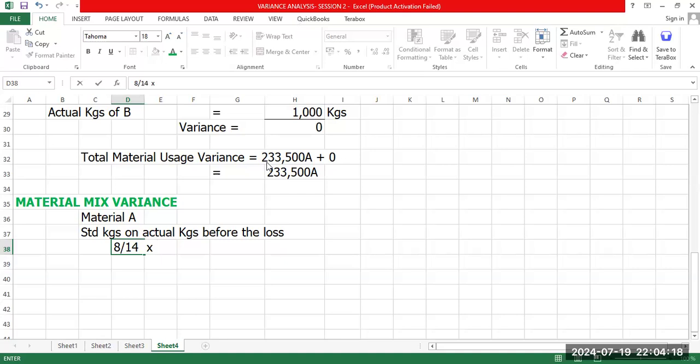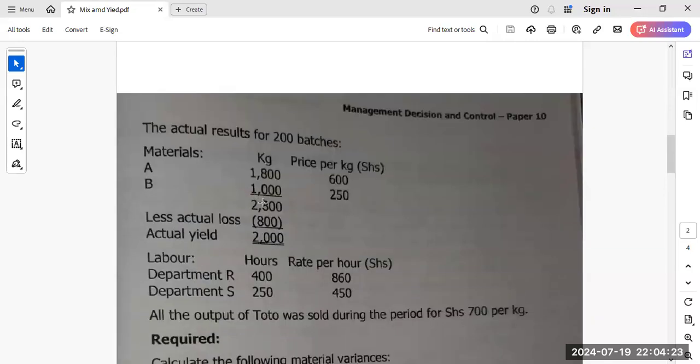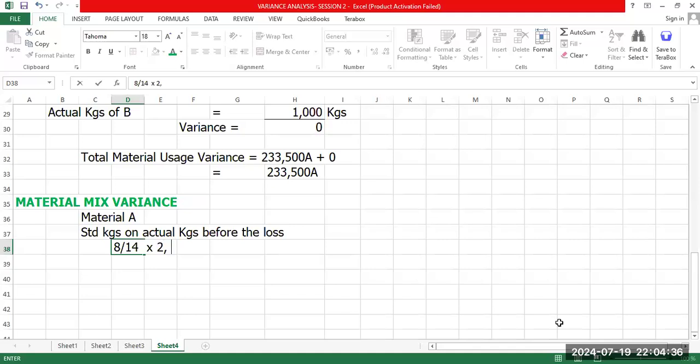Total actual kgs before the loss is 2,800. What do you get? 1,600. These are kgs.